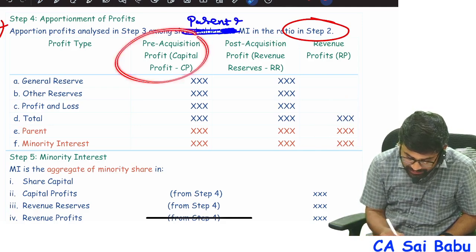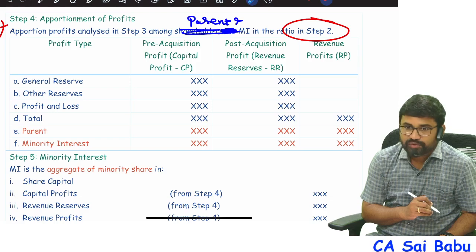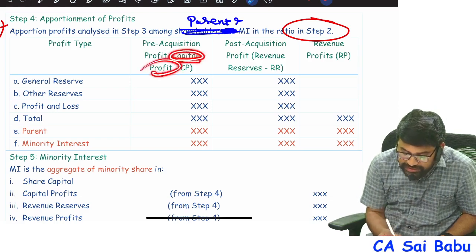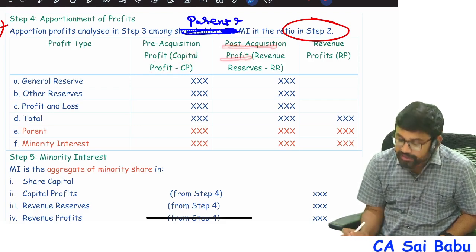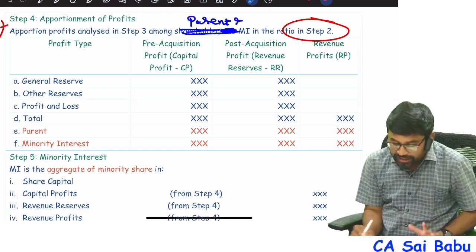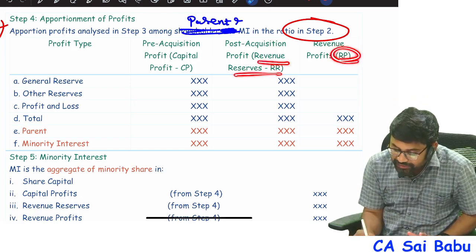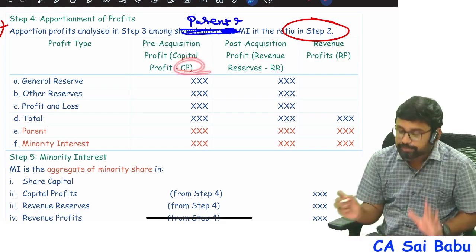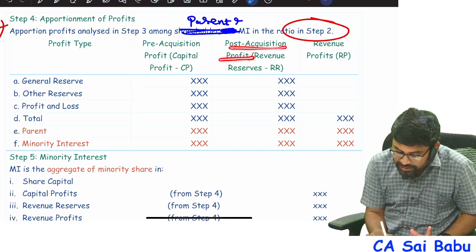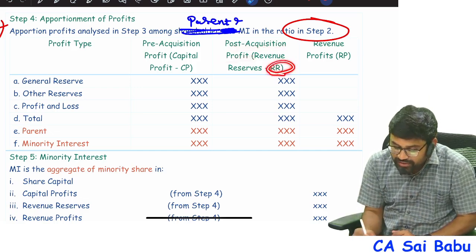First, pre-acquisition profits. I told you all pre-acquisition profits are capital profits. Next, post-acquisition profit. Post-acquisition profit can be revenue reserve or revenue profit.